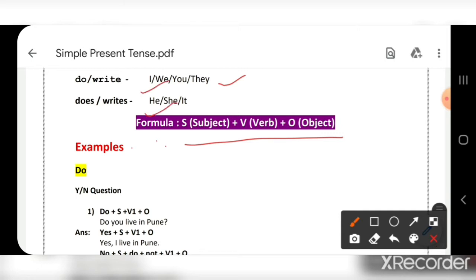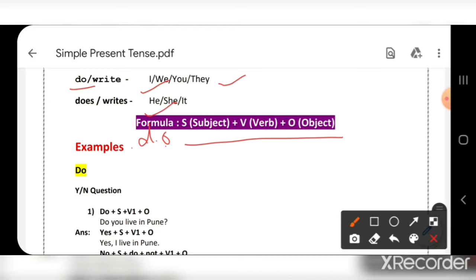That means if you want to talk about yourself, or about the person in front, or about some people, which are many, more than one, then you can use do before the subject.